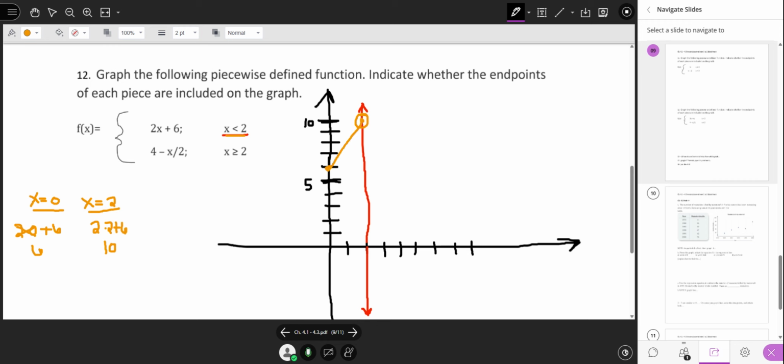And I connect the dots. Now, the nice part about it is your math program connects the dots for you.